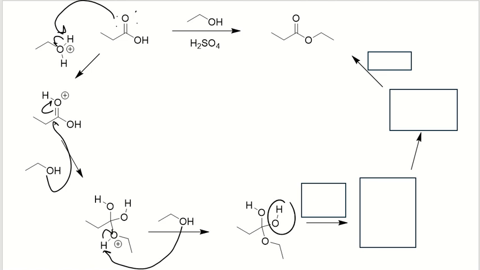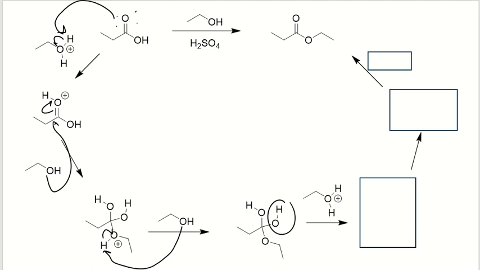Eventually, one of these alcohols or OH groups need to leave. They're going to leave as water. So we need to protonate it before we do that, because as I mentioned, we can't let that leave as OH minus because we're in acidic conditions. So we need to add more acid. We have plenty of acid present.